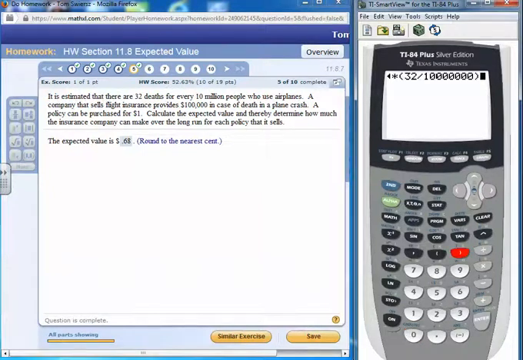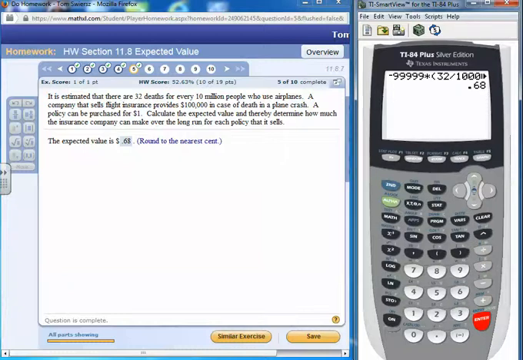Okay, and then plus, if they live, they make $1, times the probability 9,999,968 divided by 10 million. Okay, and there's each outcome times its probability, and there's our answer, 0.68.